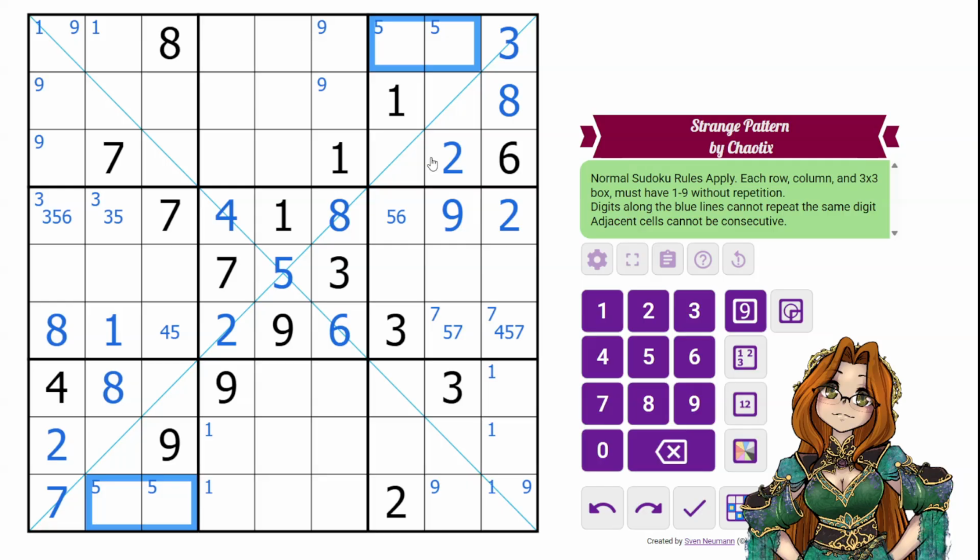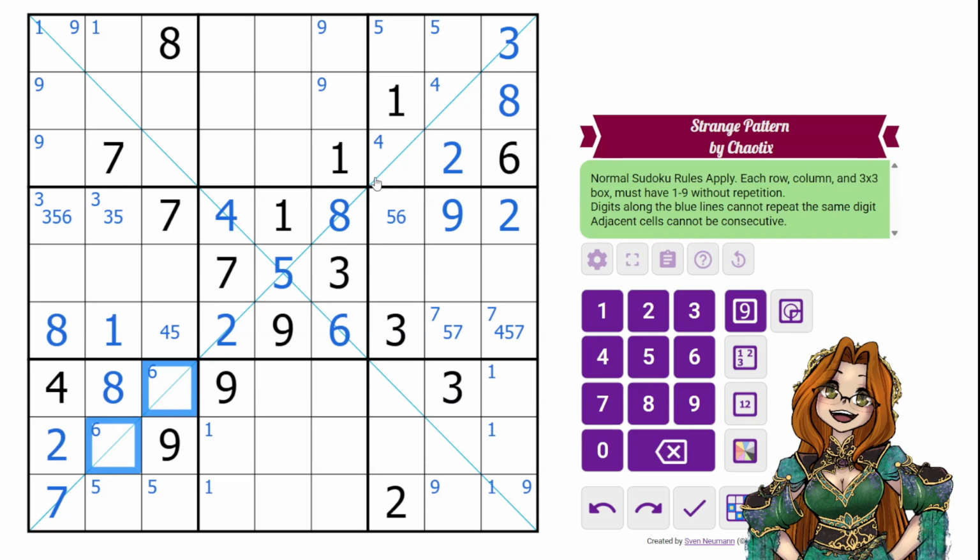Okay. Which means a 4 can't be in this domino, so a 4 must be here, and a 6 can't be in this domino, so a 6 must be here.